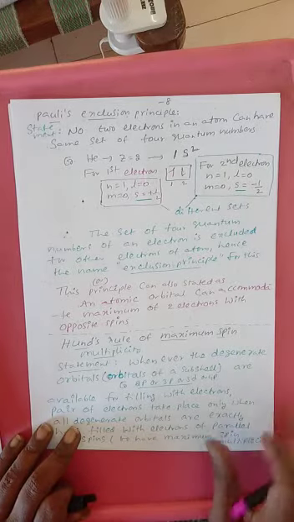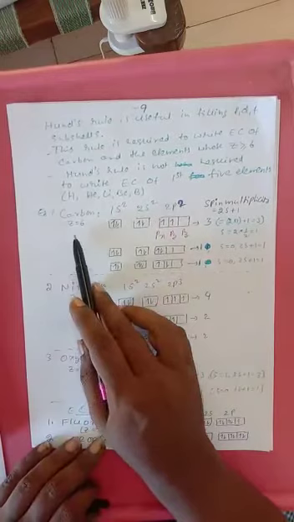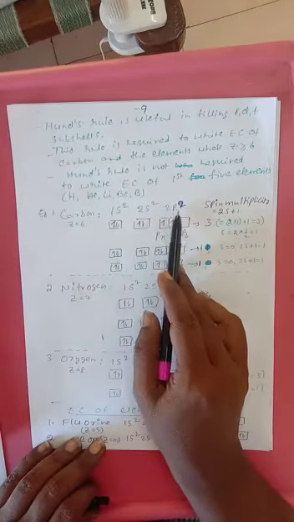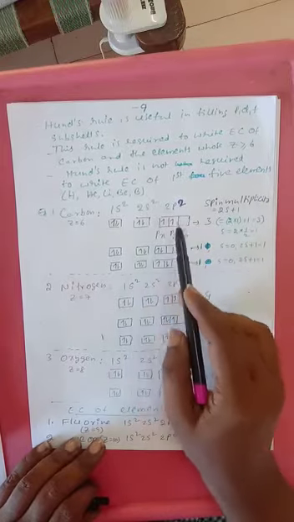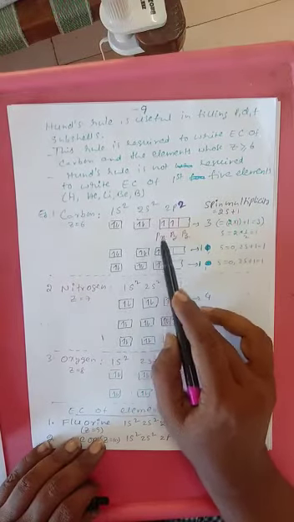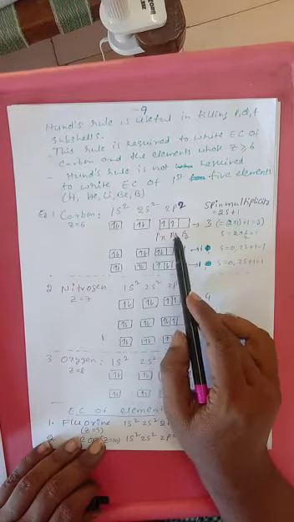Let us first see here, let us take carbon. Atomic number 6: 1s2, 2s2, 2p2. The px, py, pz of this subshell have the same energy and shape, so they are degenerate orbitals.